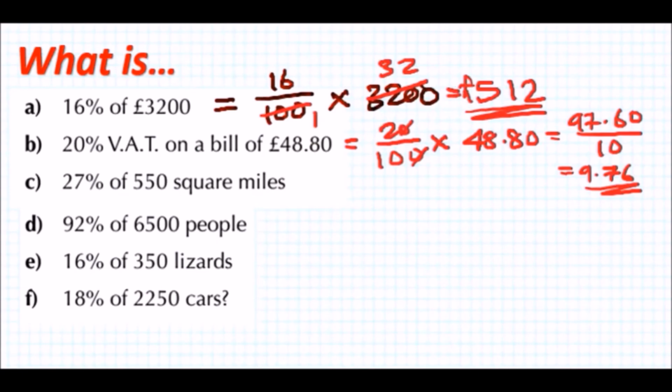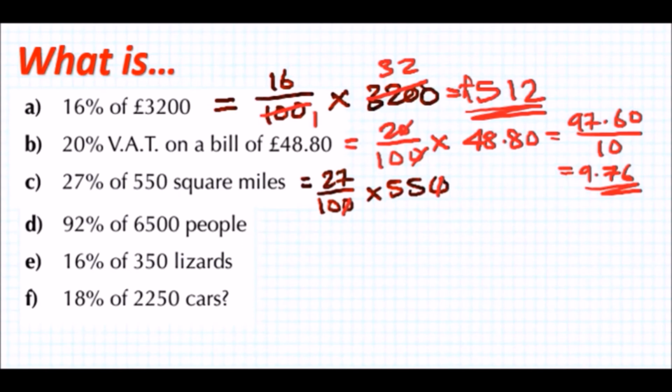27% of 550 square miles. So this is 27 over 100, and we're going to multiply that by 550. You could multiply it head on, or you can cross simplify. Taking off the extra 0, now you can just do 27 times 55.